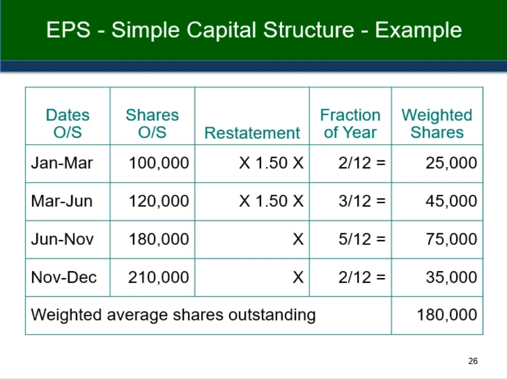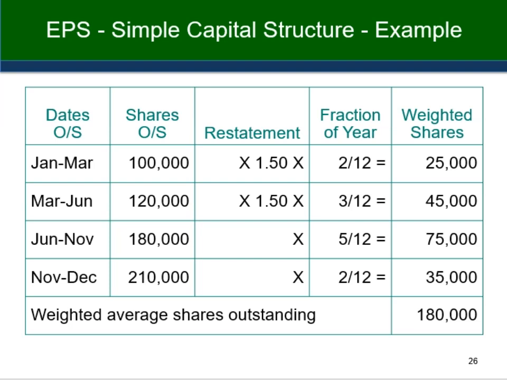So the new calculation would take the 100,000 and the 120, which happened before the stock dividend of 50%. We would multiply them by 1.5 because each of them is greater by that amount after the stock dividend. The 180,000 and the 210,000 already included the stock dividend, so we don't gross them up by the 1.5.